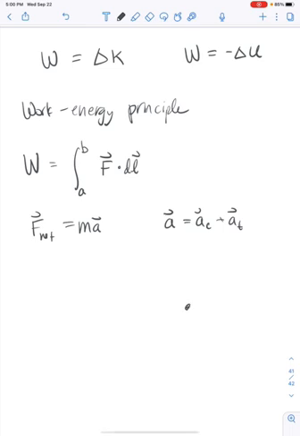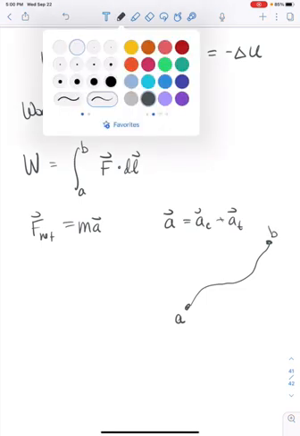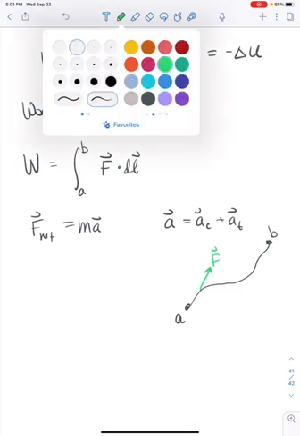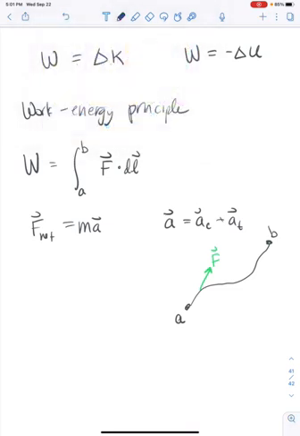So if we imagine a path like this, okay, that goes from A to B, and we've got some force, for example, here at some position along that path, okay? That means that our acceleration at that point is in the same direction as our force. So our acceleration, we'll write like this.